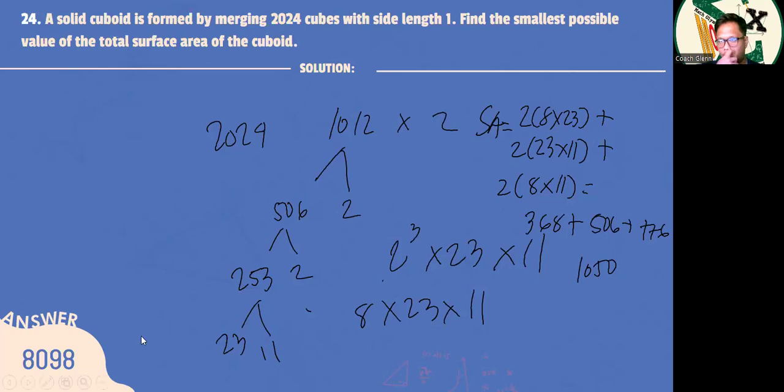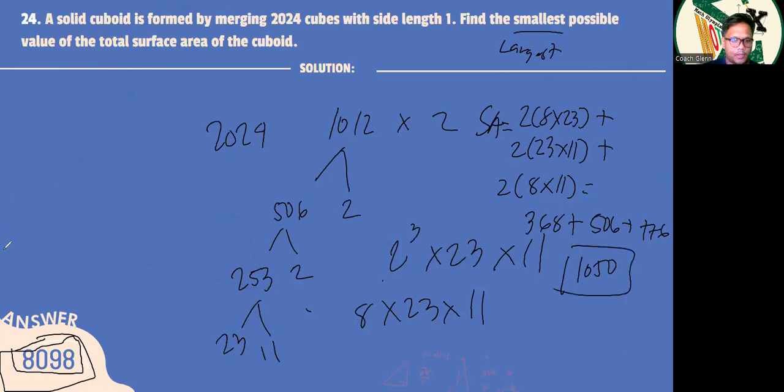This is an error on the solution. So this is wrong. Okay, 8098 is talking about the largest. Let's change this to largest. If we're looking for the largest, okay, let's try to solve for that one also. Okay, for smallest, this is the answer, but let's try the largest.